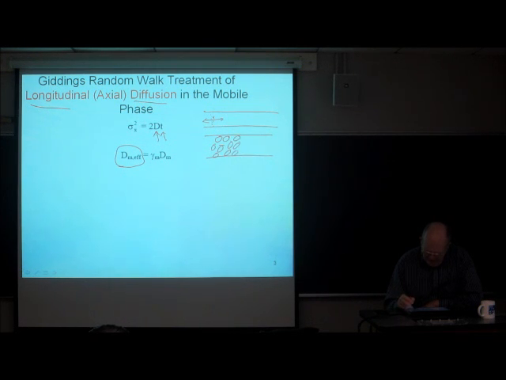Now these are not molecules, these are particles. Here's a molecule in the mobile phase. Well, this molecule, its ability to diffuse, is disrupted by the presence of those particles.